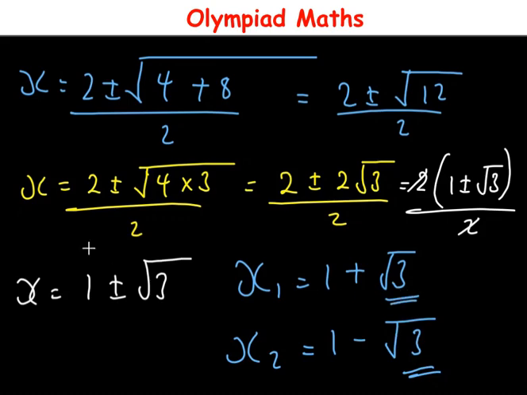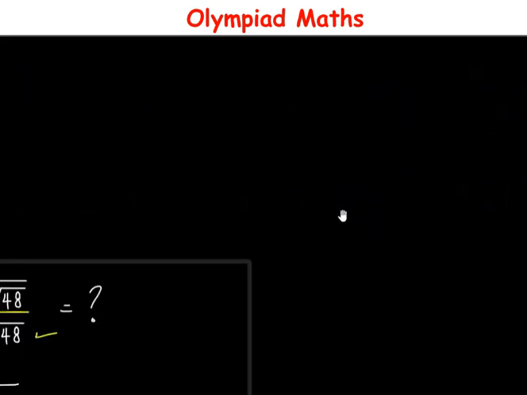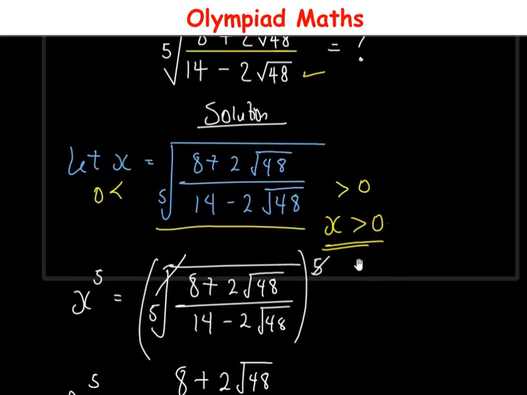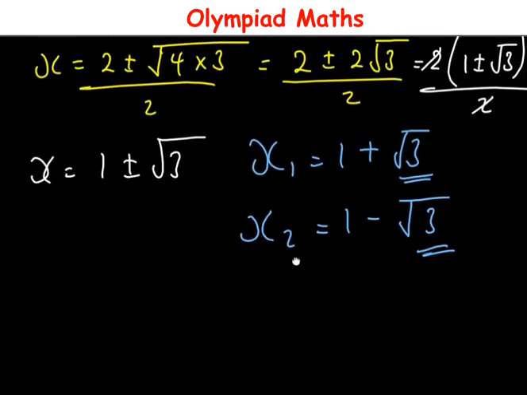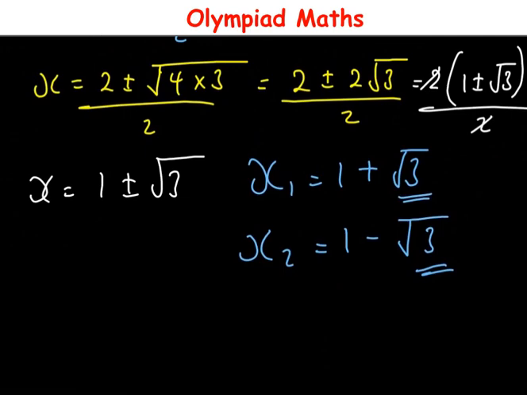Okay, good. But then if you recall that from the beginning, right here, we said that the value of x should be greater than 0. So now looking at this first value of x, it will give us a value that will be greater than 0. While the second value of x will give us a value that will be less than 0. So this means that we can't work with the second value of x.